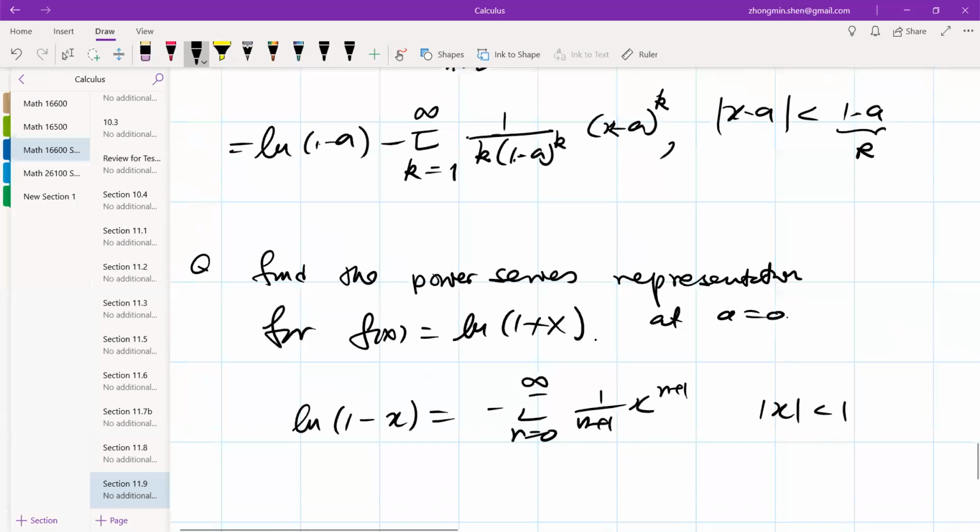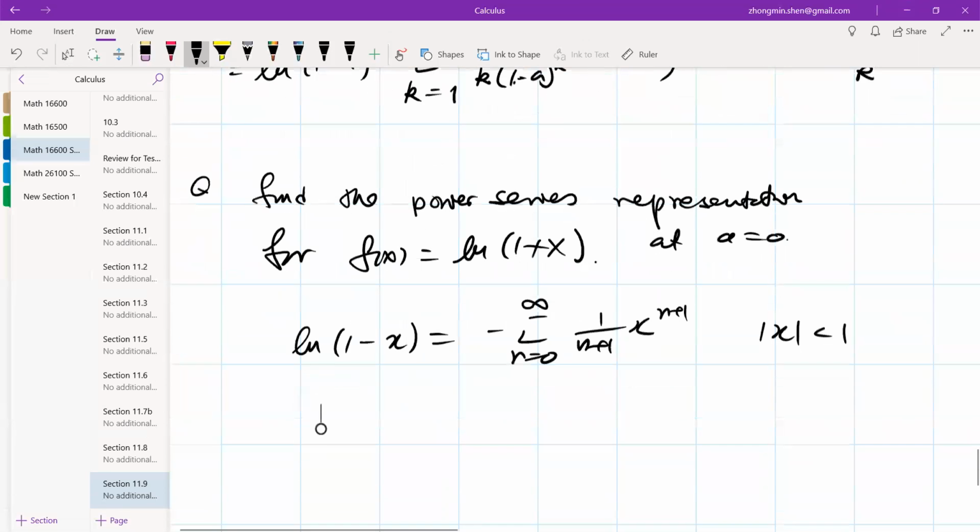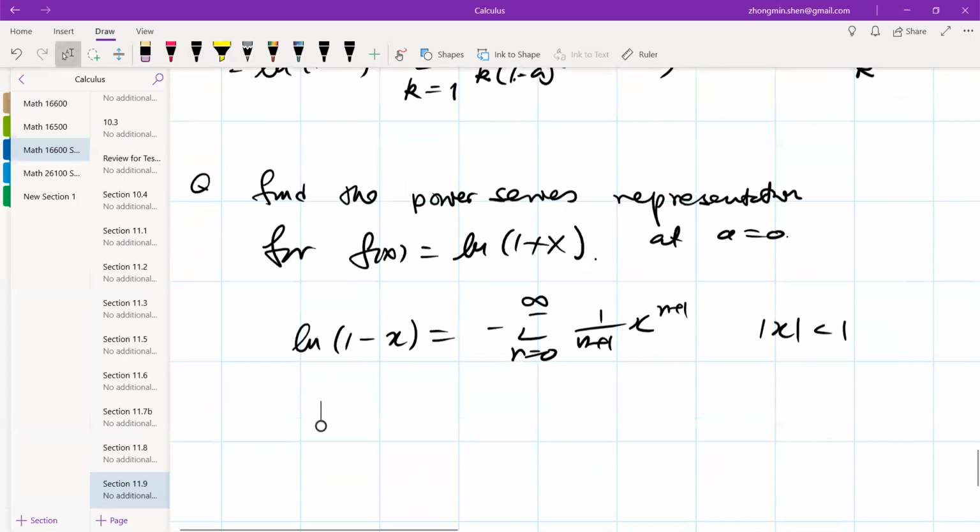How can I get the power series representation for the given function, natural log of 1 plus x? All I have to do is just replace x by negative x. You let u be negative x, right? That's what you want. So then x will be negative u.